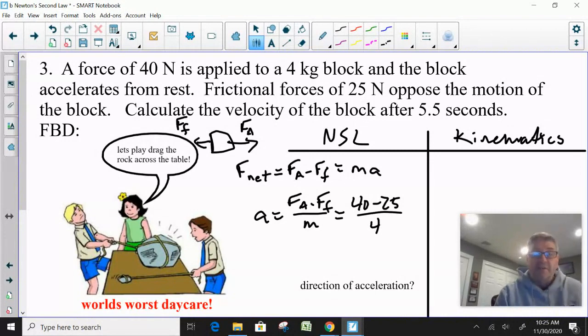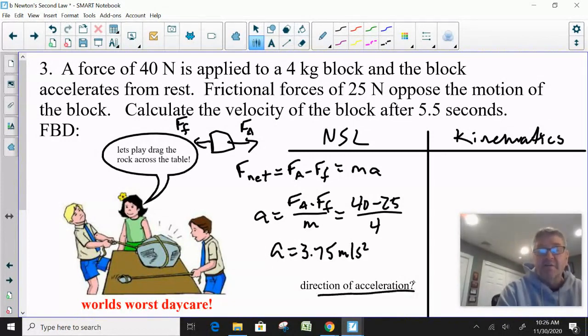So again, I'll do that calculation. It's going to be 15 divided by 4. It's going to be 3 point something, so it comes up to 3.75 meters per second squared. And the direction of the acceleration, again, is always in the direction of the net force. So this thing's going to accelerate that way. They always point in the same direction.